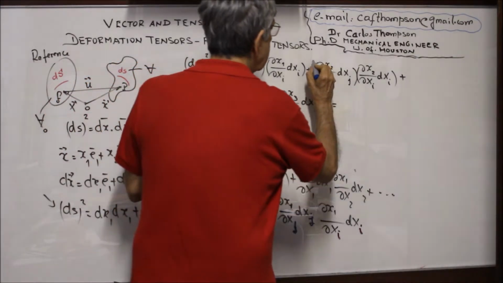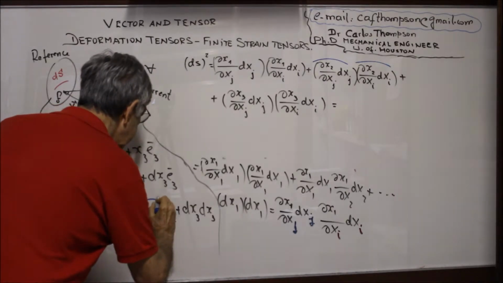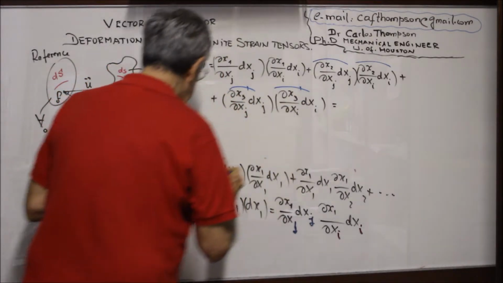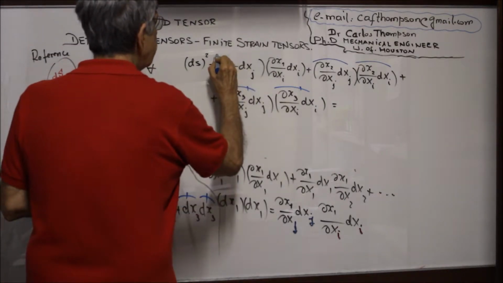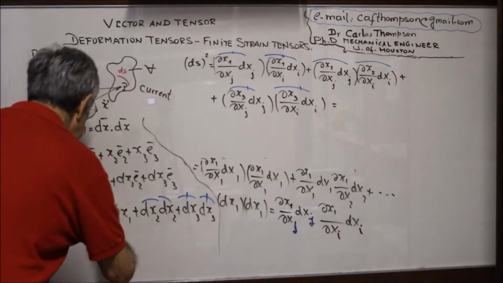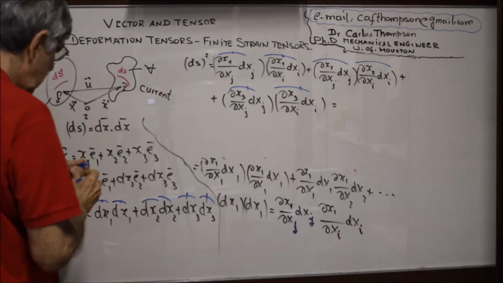You see, dx2 times dx2 is right here, and over here is dx3 times dx3. And this one is dx1 times dx1. Not easy.